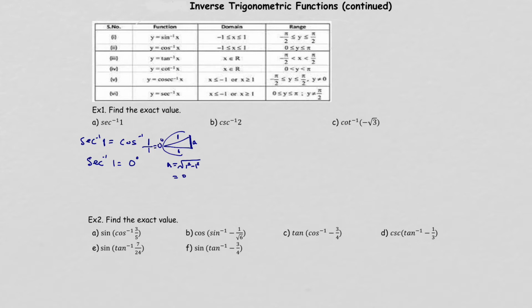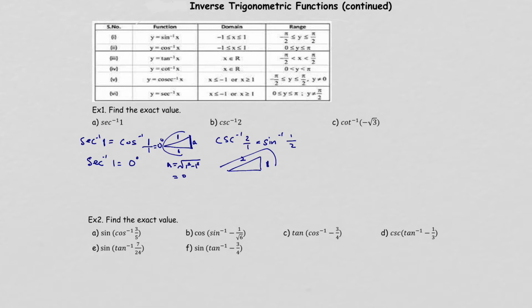Let's look at cosecant inverse of 2 then. Cosecant inverse of 2 means you have 2 over 1. When you convert this into sine inverse, that becomes 1 over 2, because you flip the value, right? That means on a triangle, your sine is going to be 1 over 2.